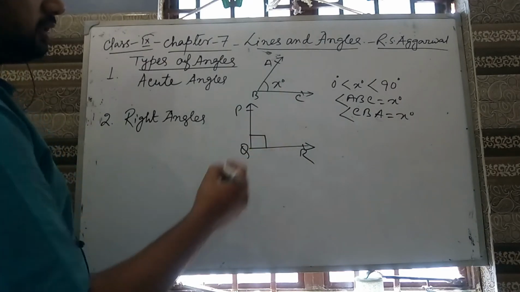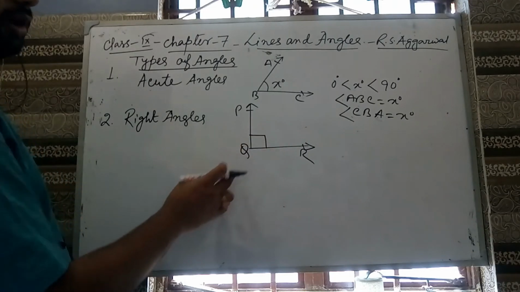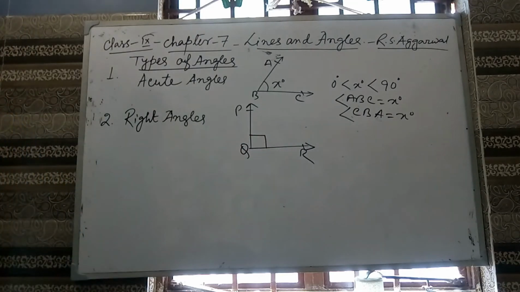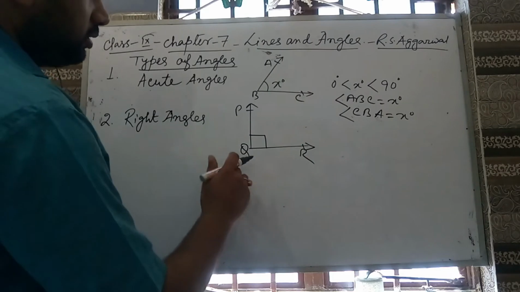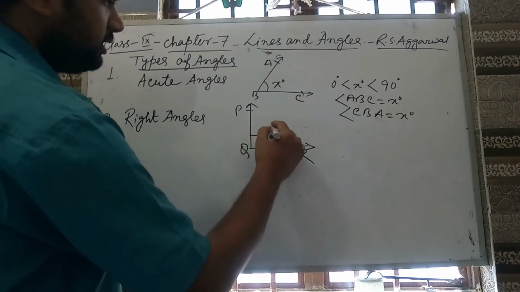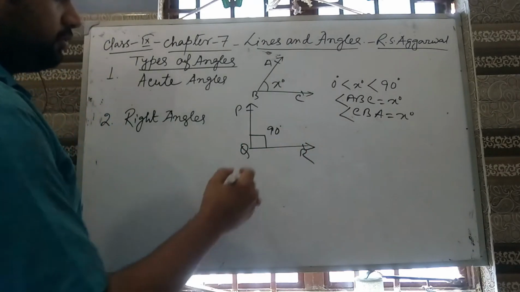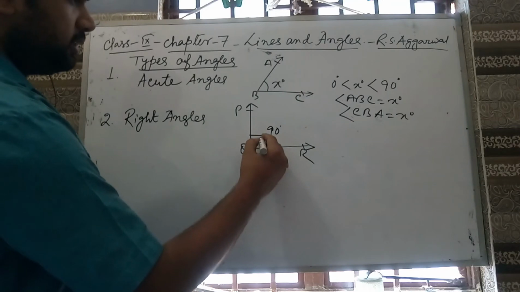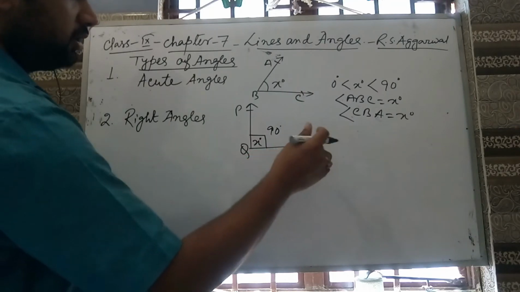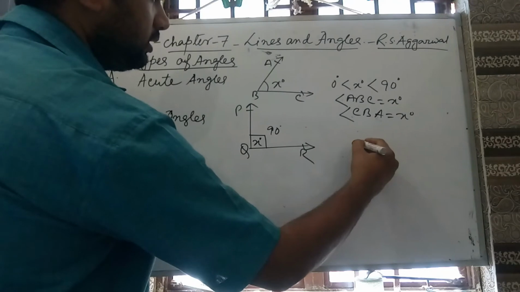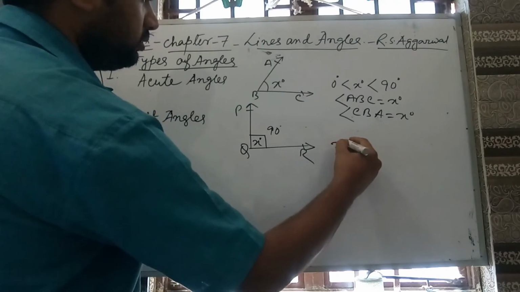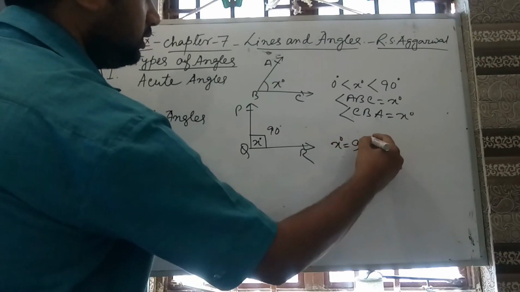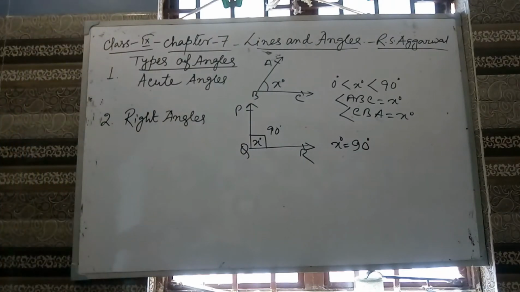We make a square at the point where the 90 degree angle forms. So this is a 90 degree angle. If we consider this angle to be x degree again, then in this case x degree equals 90 degree. The measurement of the angle x is 90 degree.